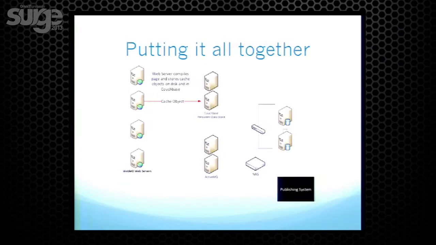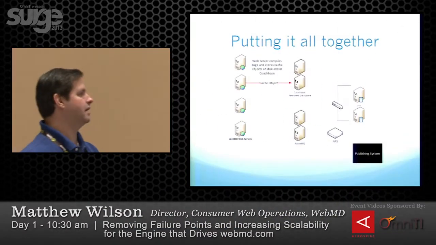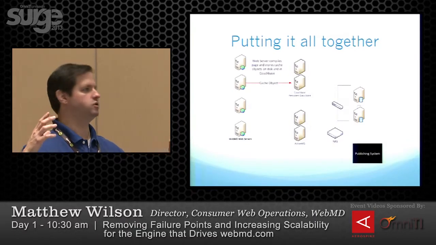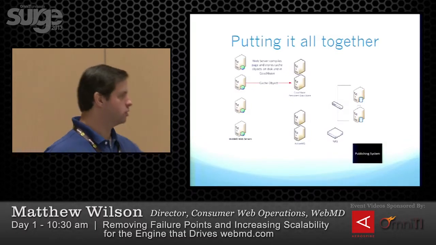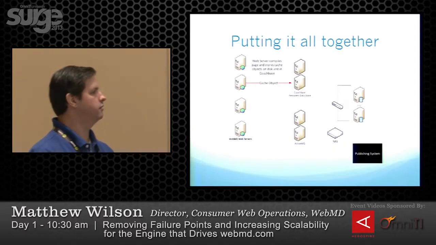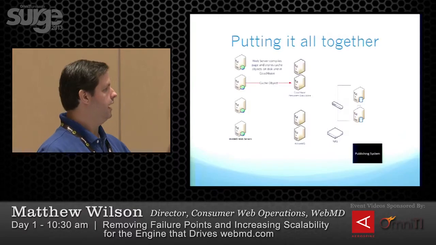So the web server compiles the page, and then it stores those objects back into Couchbase. The widget cache itself, which is pretty sizable, is stored in Couchbase. So now we've got the XML content, the XSL content, and the widget cache stored in Couchbase.